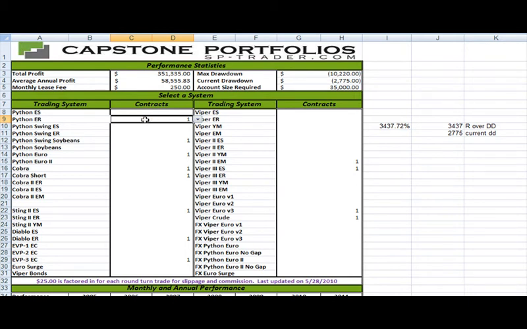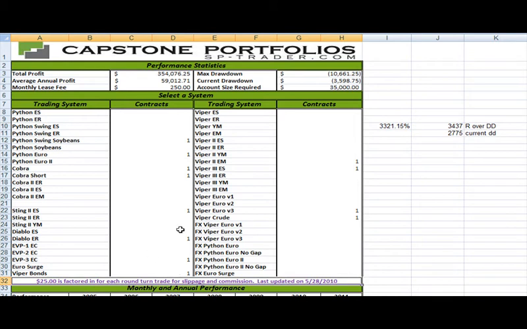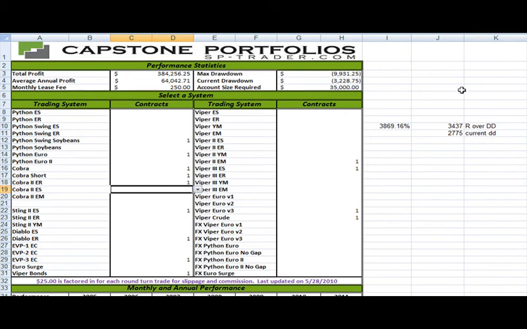I want to take one system out and add two systems. We're going to take out Python ER. We're going to add Viper Bonds, and we're going to add Cobra 2 ER. The return over drawdown increases to 38.69 compared to 34.37. The current drawdown is also more.